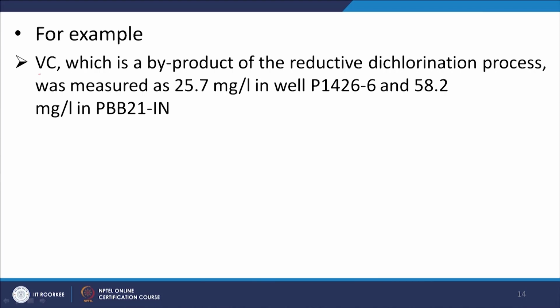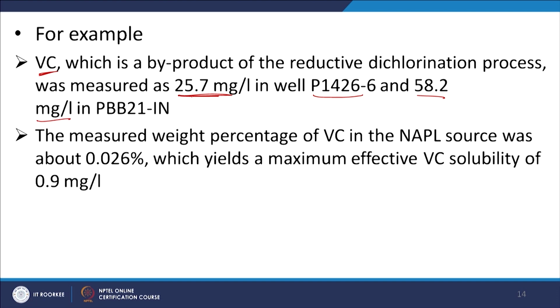For example, vinyl chloride, which as we saw is a byproduct, was measured at remarkably high concentrations at these two wells, in milligram per liter. But in the source, it is only present at 0.9 milligram per liter. So it increased from 0.9 milligram per liter in the source to either 25 or 60 milligram per liter downstream, and that is only because of biological degradation, or natural attenuation.